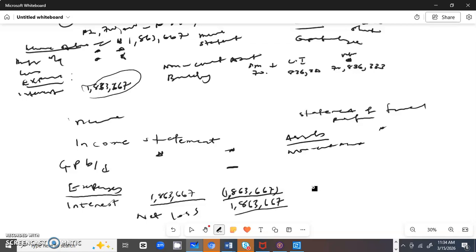So we're going to apply knowledge of double entry. We have the building, the value of the building, that is the initial cost borrowed, that is 70 million, and then we have the capitalized borrowing cost of 836,333.